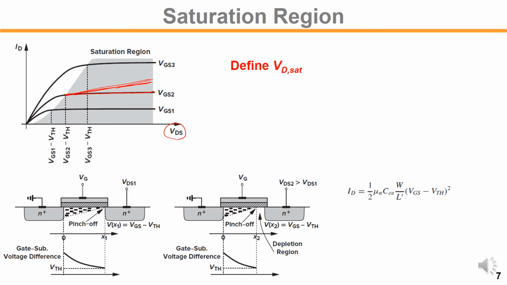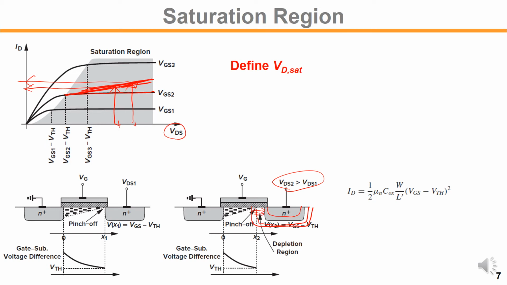If you have a higher VDS, this slight curve means that with a different VDS, you will see a different current level. Why do we have a different current in the actual device? Because if you have a higher voltage, you get a wider depletion region, right?